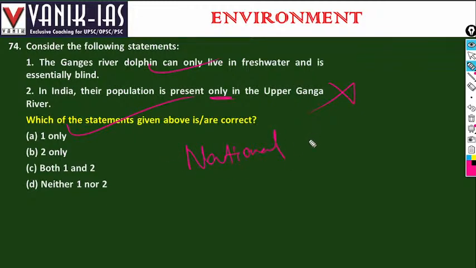Ganga river dolphin, national aquatic animal. So this second statement is wrong. One only is the right answer.